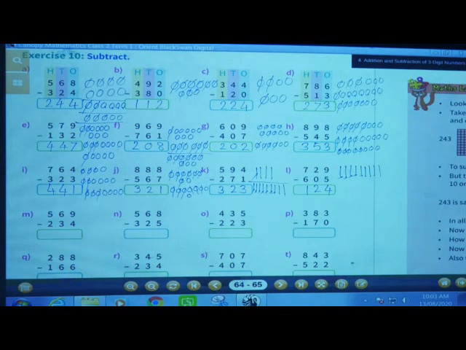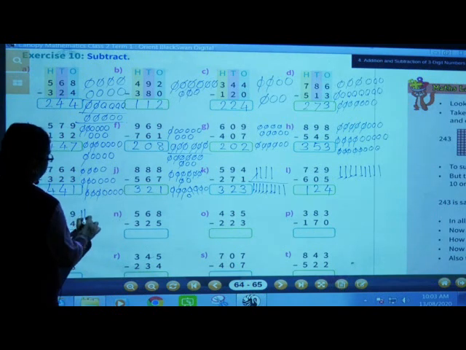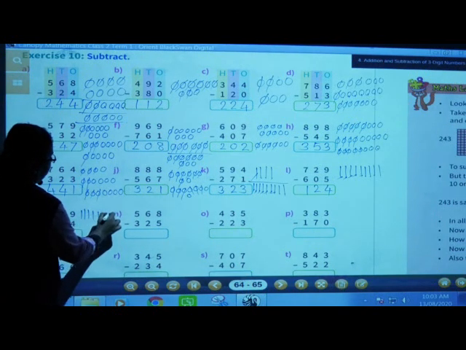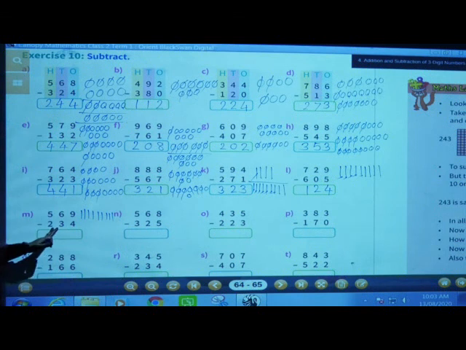Then 9 minus 4. How will you do 9 minus 4? Now 9 minus 4. So 1, 2, 3, 4, 5, 6, 7, 8, 9. From this 9 you want to remove 4.